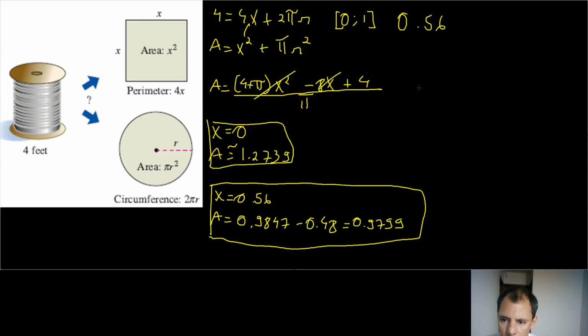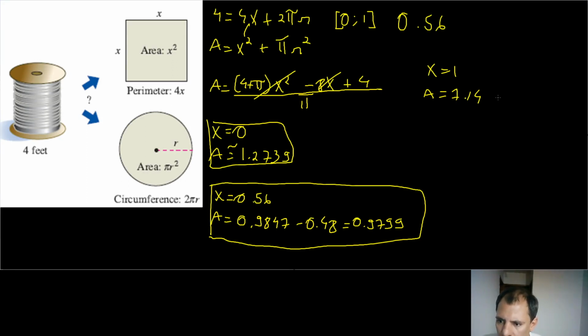What about 1? Okay, so now we got to do x equals 1 and see what the area is going to be. So 1 squared, I'm going to put 1 here in this formula. So 1 squared equals 1. So 4 plus 3.14, it's 7.14. Okay.